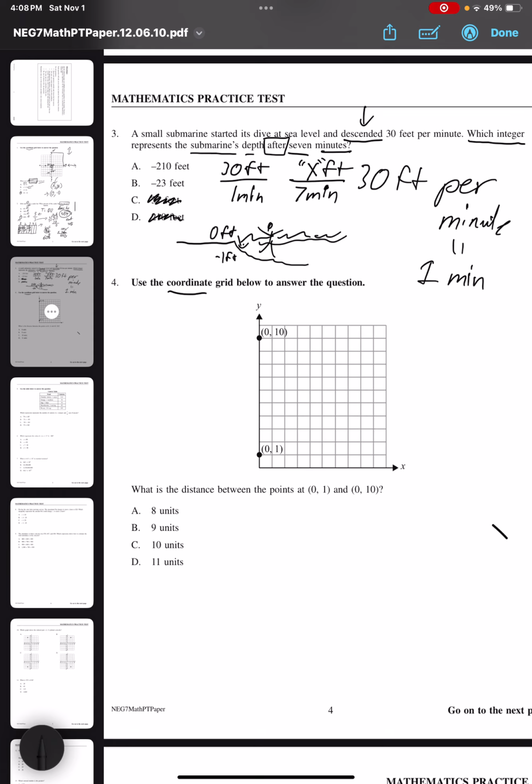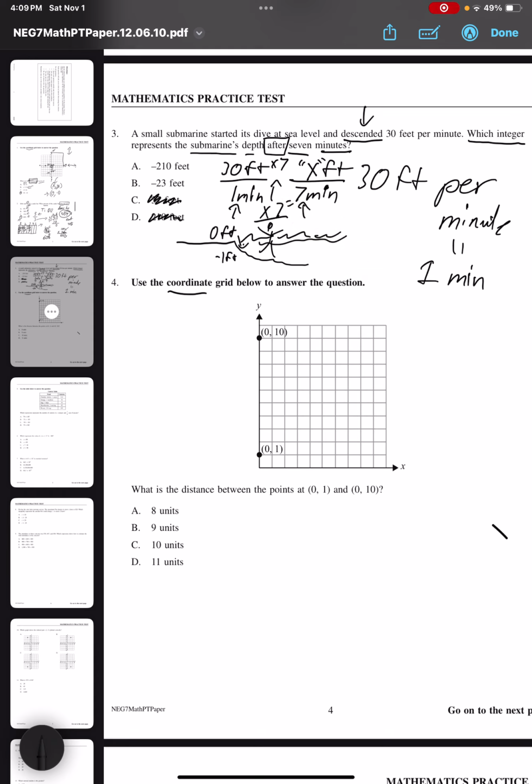An easy way to do this, 1 times what number gets me 7 minutes? 7. So 1 times 7 is going to equal 7 minutes. If we do this to the bottom, we got to do it to the top.